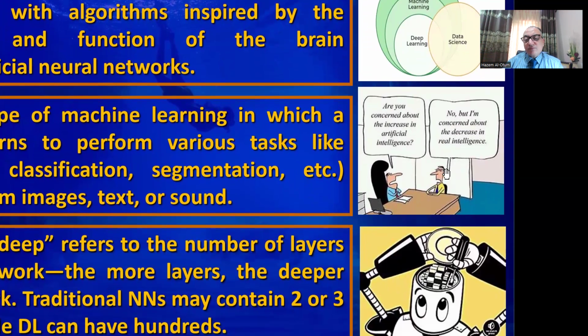Here it's sort of an in-joke that we are concerned not only with increasing artificial intelligence performance, but also we want to increase the real intelligence, because when we rely on artificial intelligence, we may sometimes lose some of our strong points, or our strength in memorizing things, because we can use artificial intelligence in performing many tasks and issues.